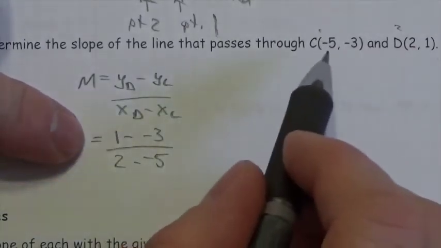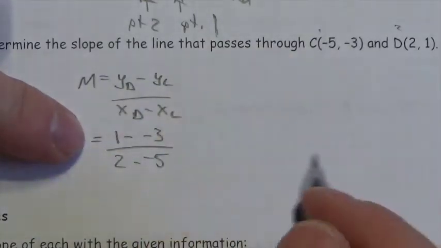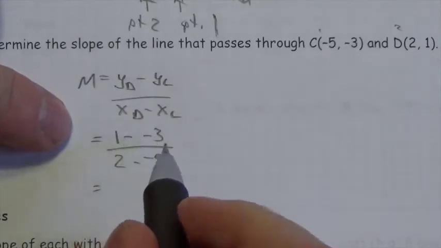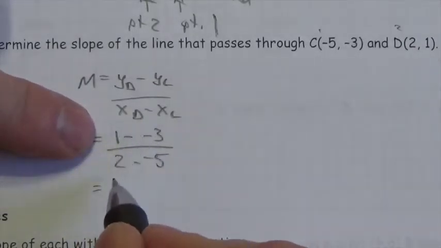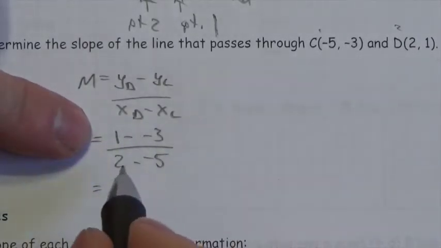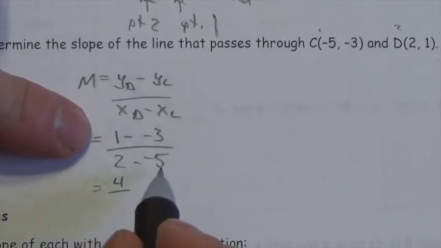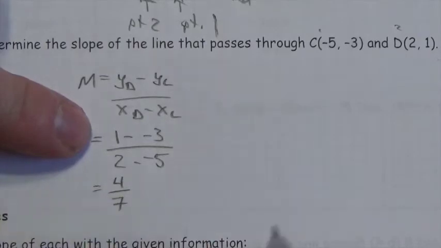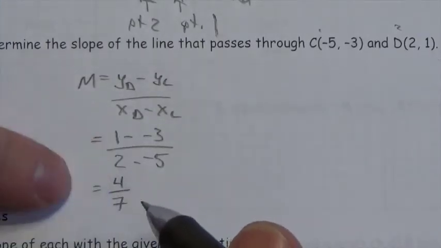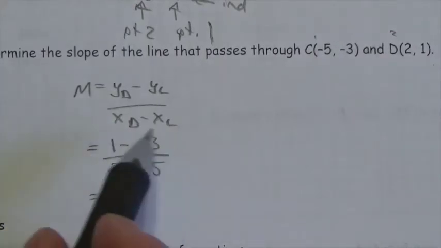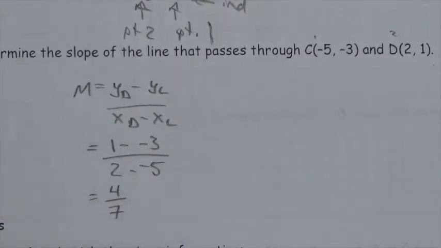I really need you to just take a moment when you see those negatives and make sure you're doing this correctly. 1 minus -3 is the same as 1 plus 3, or 4. 2 minus -5 is the same as 2 plus 5, so this is 7. That can't be reduced, and so the slope that we're looking at here is 4/7. Okay, be very, very careful when you're using negatives.